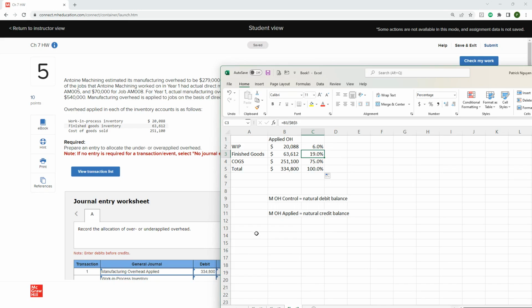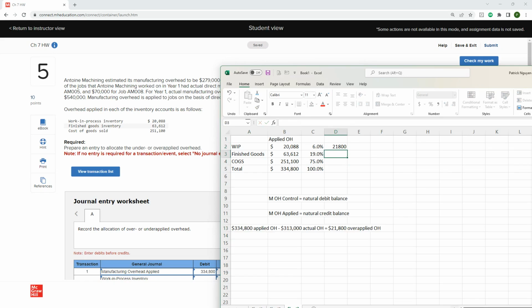So we had $21,800 over-applied overhead. So I'll just enter $21,800 in these three cells here. There's different ways to set up Excel, so set it up however you think is best and however you prefer.